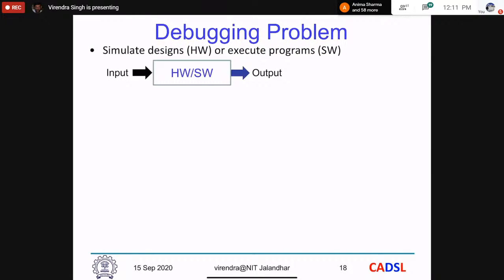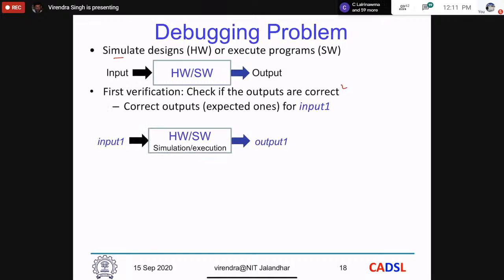So now how you can use that in a debugging problem, and then that can be extended to the design problem. Now in debugging, we simulate. You apply some input to the hardware or software, whatever you have, and you get some output. We check whether the output is correct or not.